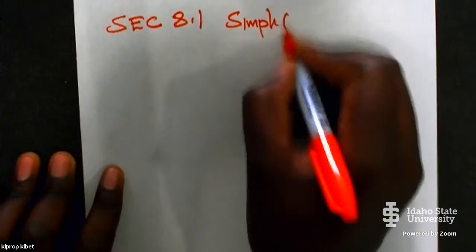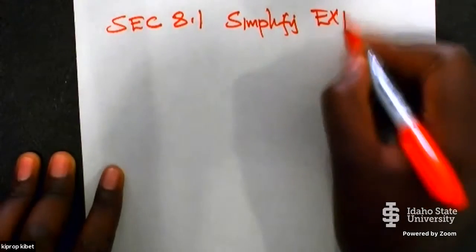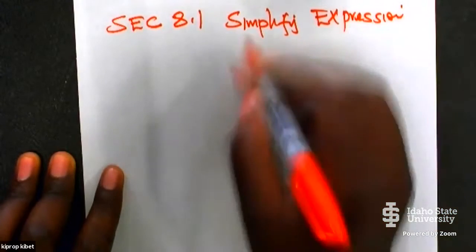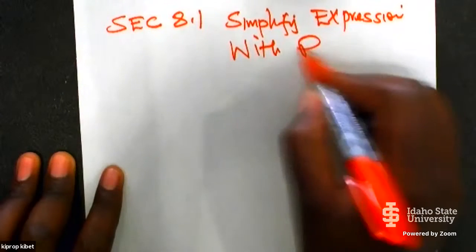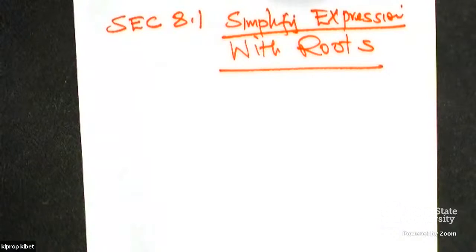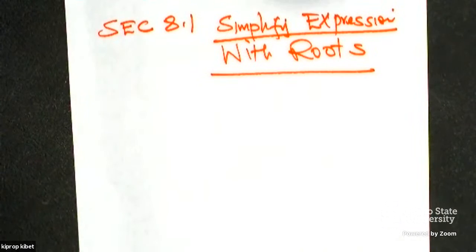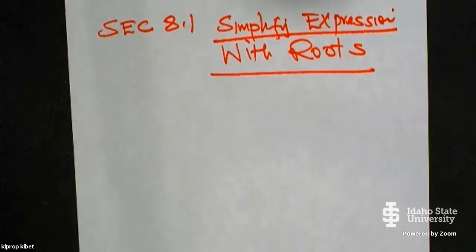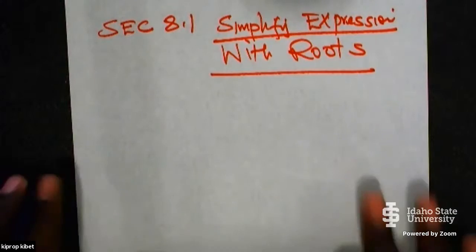Section 8.1 deals with simplifying expressions with proofs. I sent one-page notes to Moodle so you can check them. You'll find them there.